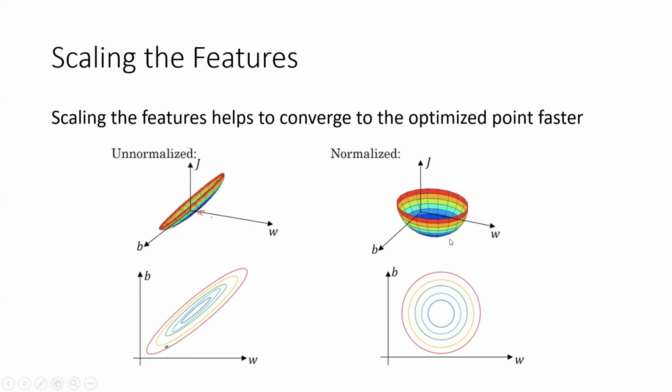But when you have scaled all the features, so that each unit length of the W vector, for example, represents a similar weight of the unit distance in the bias dimension, and if there's another dimension, that dimension would also represent a unit distance with the same weight as the other weight vectors, you will get a contour graph which is very symmetric.